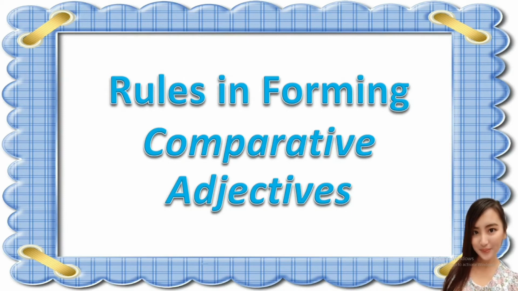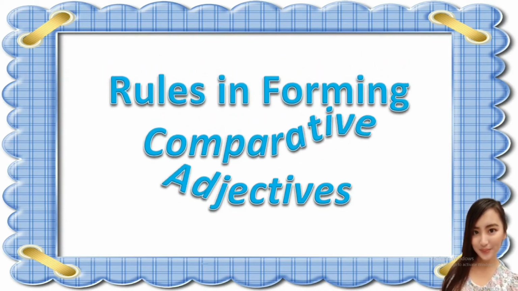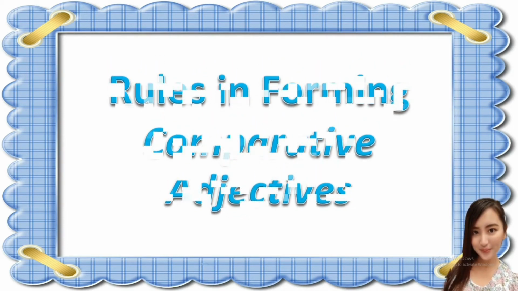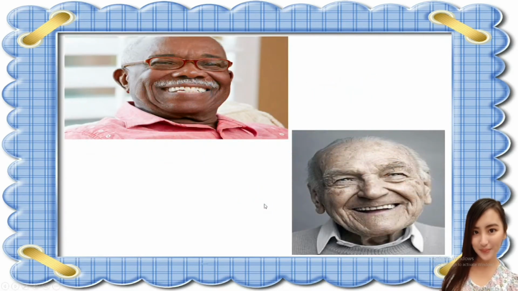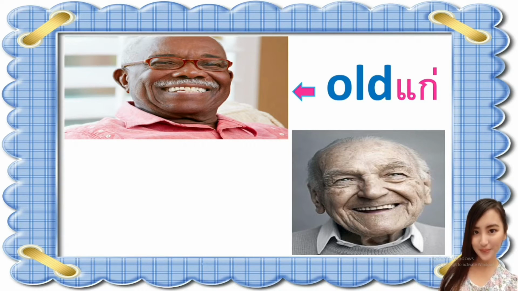Now let's have rules in forming comparative adjectives. Number 1, for short adjectives, add ER. Short adjectives add ER. For example, old. The man is old.